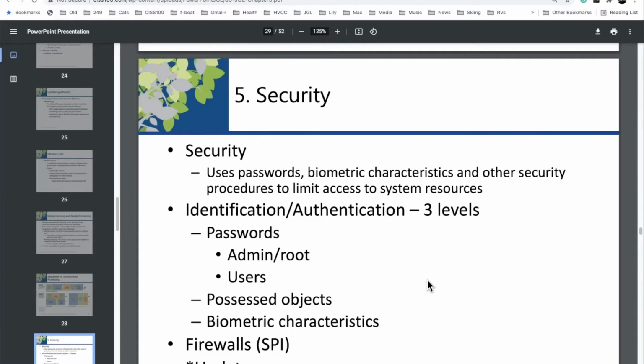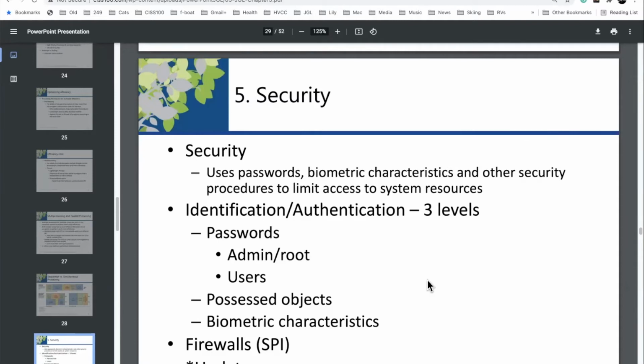It will look in its password file and ask, do we have such a user? And the password they just provided, does that match the password in my password file? If so, then yes, you're authenticated and the system will provide that user with authorization to resources.